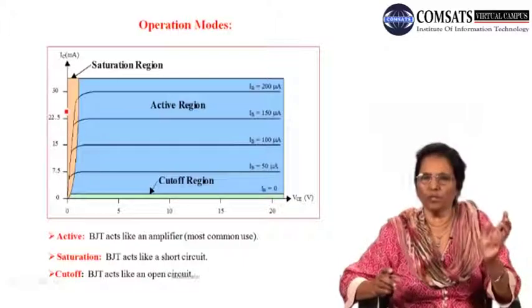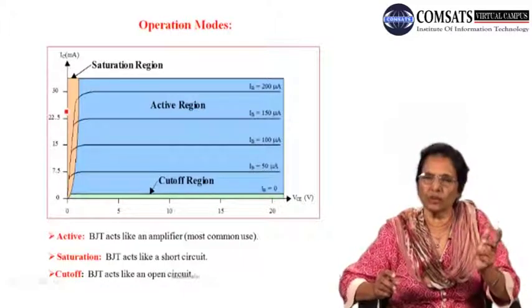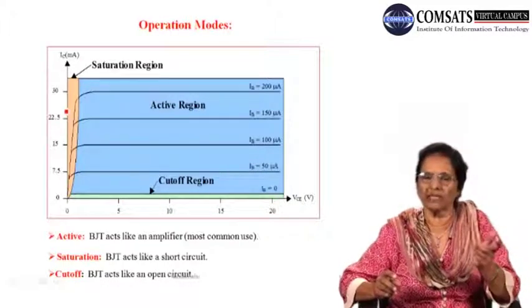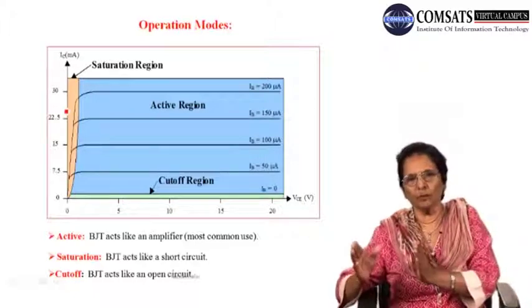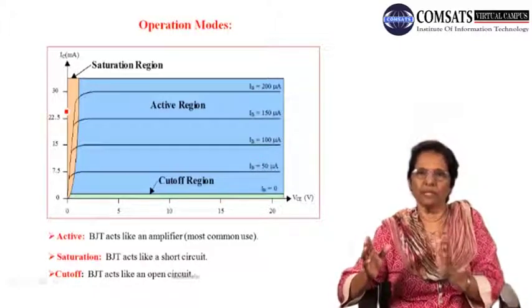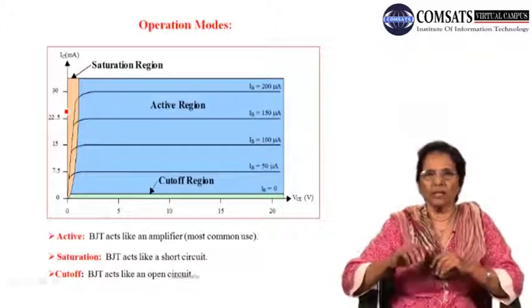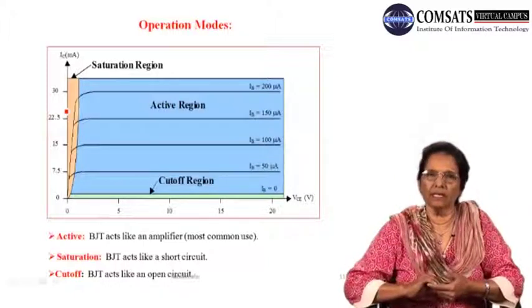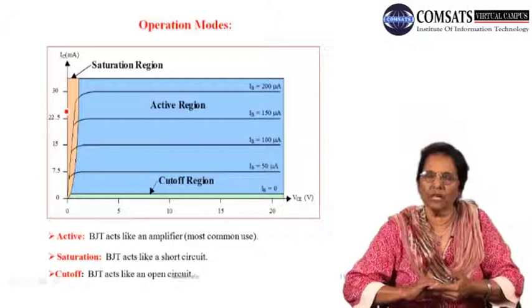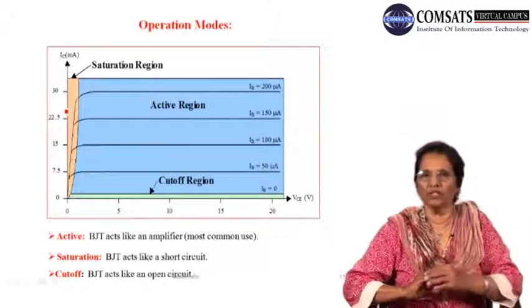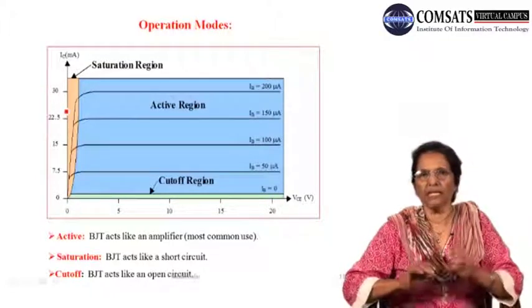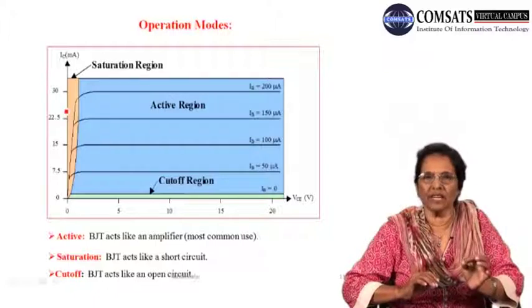Whether it is a common base, common emitter or common collector configuration, in the output circuit, that is between the base and collector, when you increase the collector voltage with respect to the base region or emitter region, then you get the output current designated as IC.